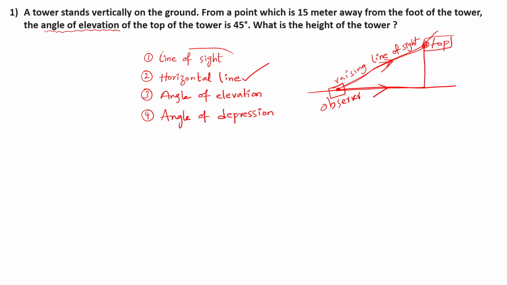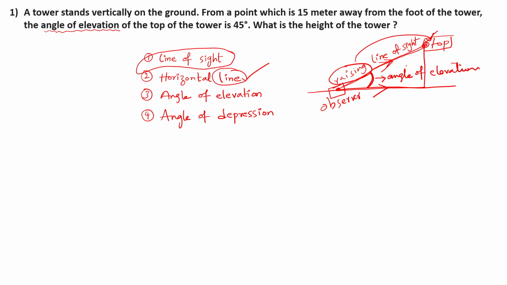So line of sight is nothing but the line in which the observer observes the target, and horizontal is the line which is drawn horizontally with reference to the ground level. Now in this case, the observer is raising his head and observing the target above the ground level. So the angle formed between the line of sight and the horizontal is called angle of elevation.